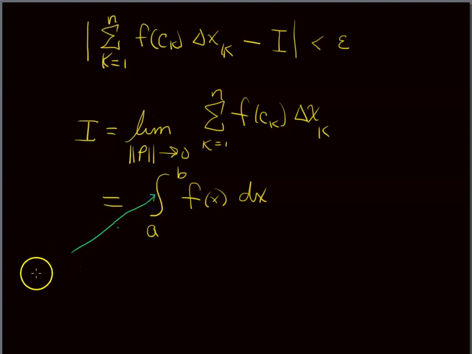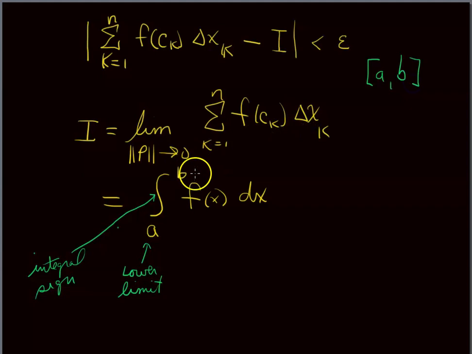This is the integral sign. This is the lower limit. It's the same as this lower limit in a sense. Well, it's really from that interval from a to b, the left-hand side of that closed interval. b is called the upper limit. f of x, like the dividend in division, this is the integrand.